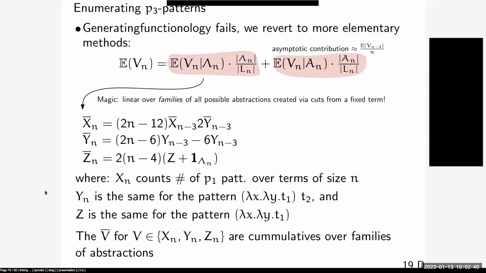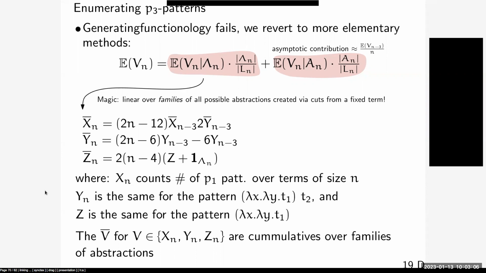And here, by some kind of magic, we see that this expectation linearizes over families of abstractions which are generated by cuts from a fixed term. If you consider a fixed term and all the possible terms that you can generate from it, this is a family. If you consider the random variables cumulated over these families, magically this expectation linearizes.